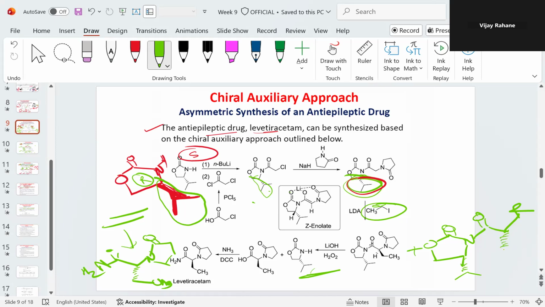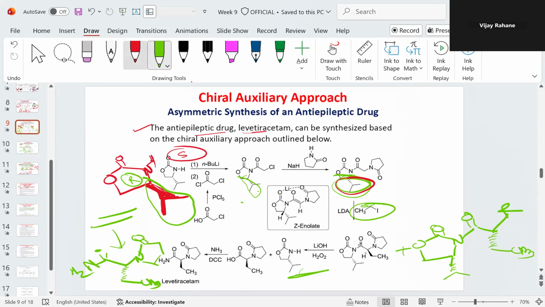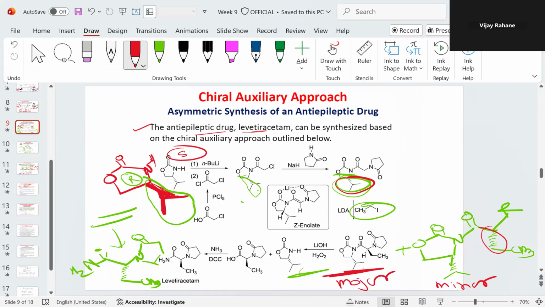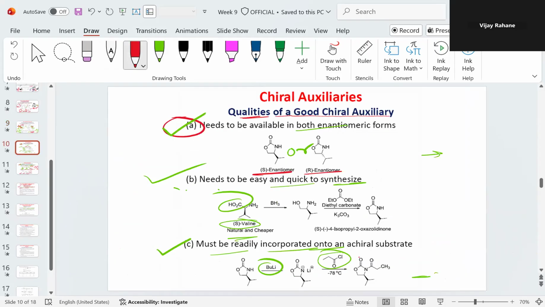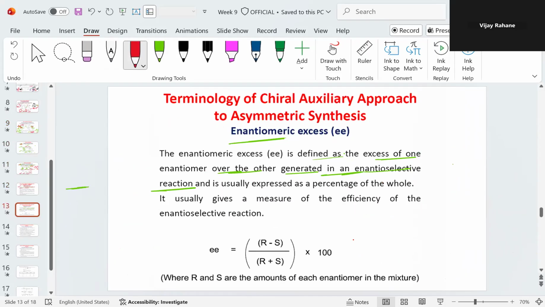In this minor product, the stereochemistry of this one is directing downward. So that's the minor product, and this one is the major product, which is formed in the excess amount. Enantiomeric excess represents this in a quantitative manner. This excess represents the efficiency of the enantioselectivity in the reaction, so the higher the enantiomeric excess, the more enantioselective our reaction is.